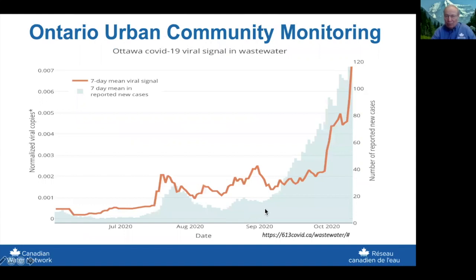The other result I'll show here is from Ottawa Public Health, and they've shown this on a dashboard that they're maintaining for the City of Ottawa. These results are being provided by a group at the University of Ottawa. And you can see that there's some early warning back here in July and August, but it's not totally consistent.